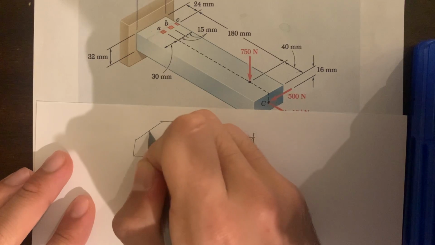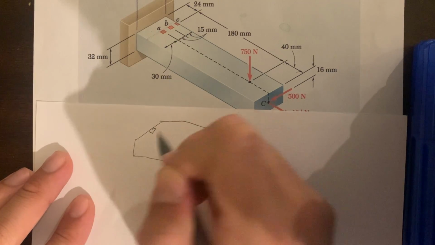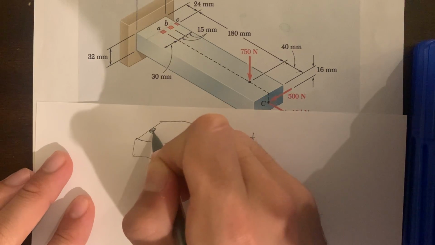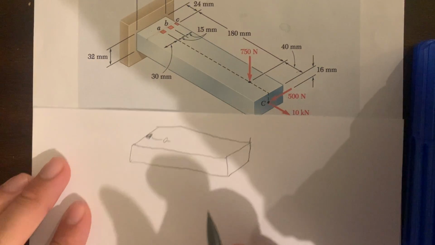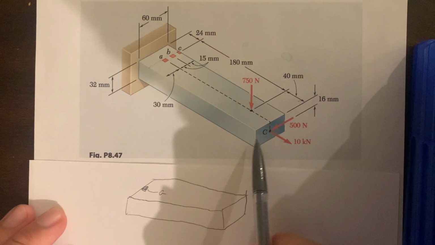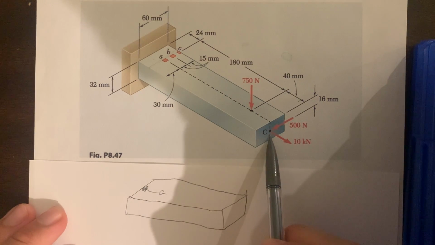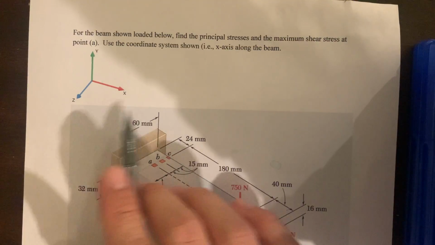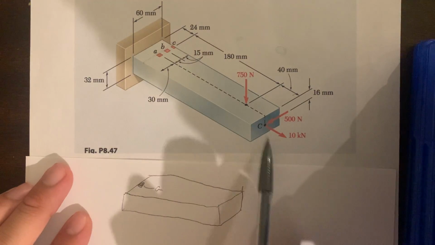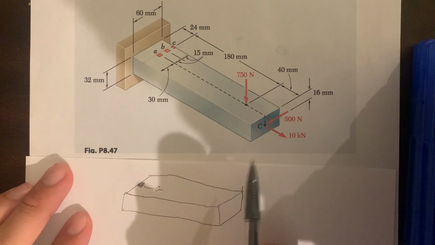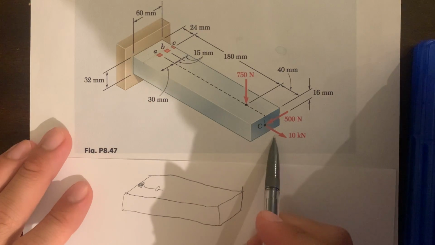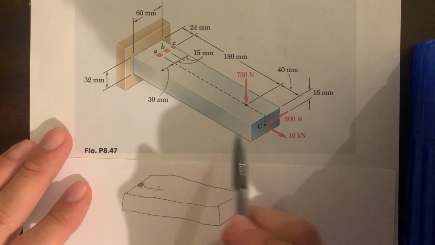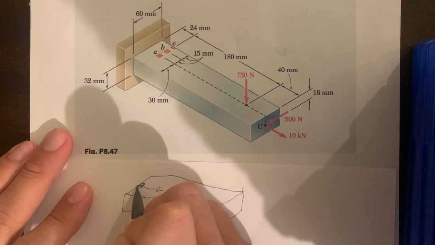Okay, we'll call this A. This is A. And now what we're going to do is, whatever force is acting with respect to each axis, we will map out the reaction force, which would be in the opposite direction. So for the force over here on the X, it would be 10 kilonewtons to the right, so ours would be towards the left.